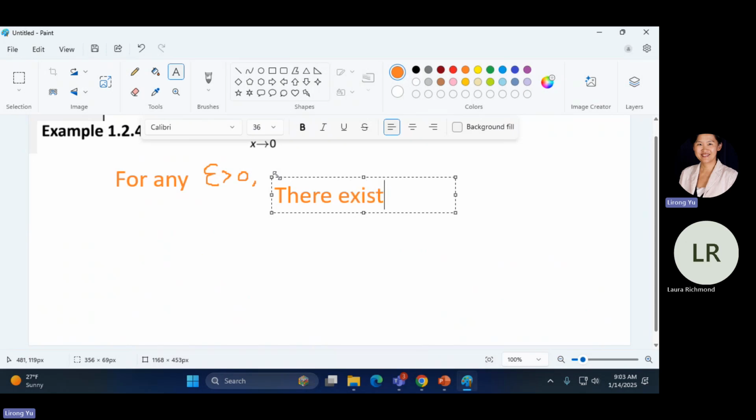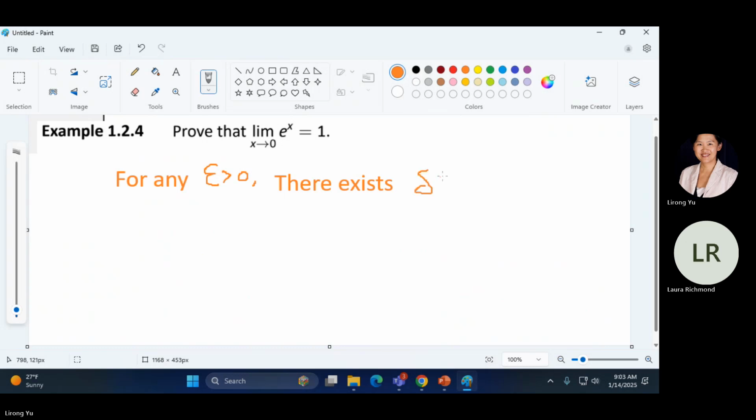There exists a delta, positive delta, right?